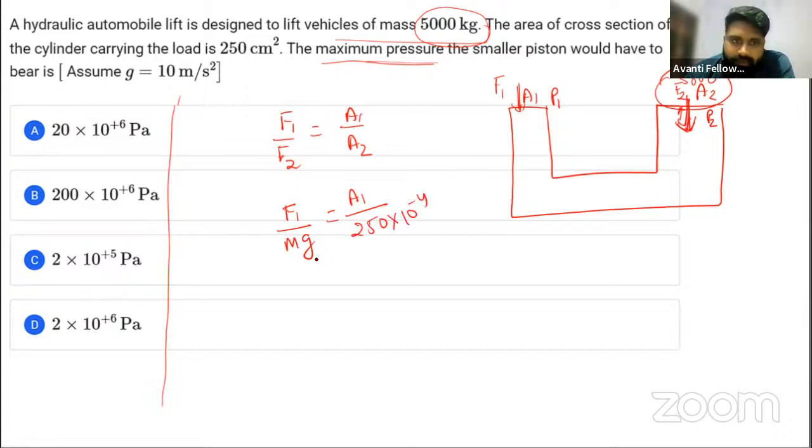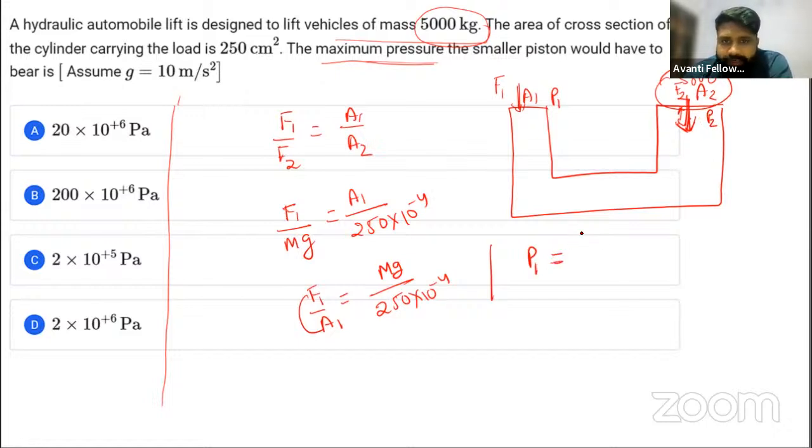So here F1 over A1 equals mg over 250 times 10 raised to the power minus 4. This F1 over A1 is nothing but the pressure of this side, which will be equal to the pressure of the other side. So P1 equals mg, where m is 5000 and g is 10, divided by 250 times 10 raised to the power minus 4.